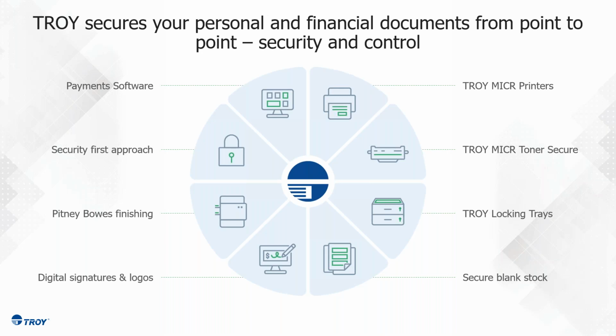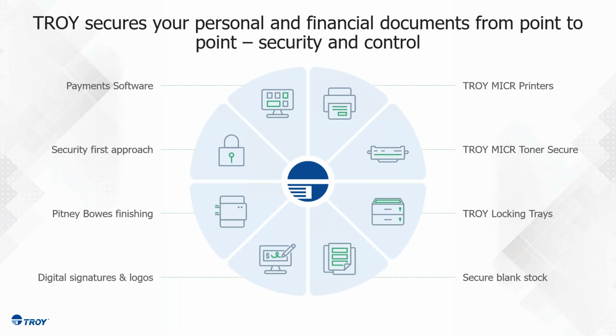And as far as Troy is concerned, we offer end-to-end check and document printing solutions, whether it be, again, from printing to zero blank stock that enables banks and businesses to take an on-demand printing approach to check printing, micro printers that give functionality needed, such as the microline and alignment, which we'll talk about a bit later on in today's webinar, and micro fonts.